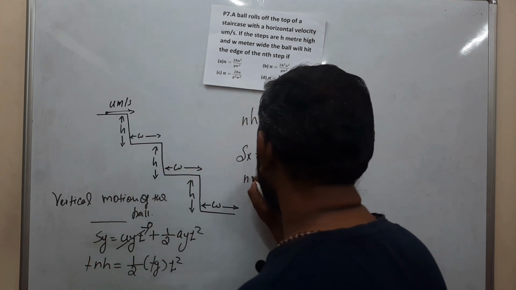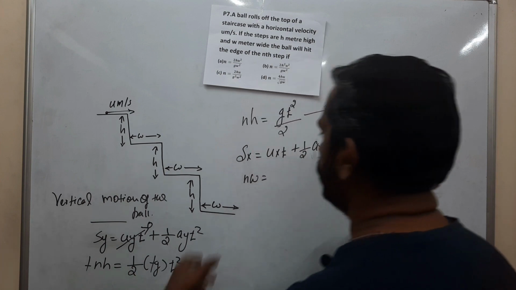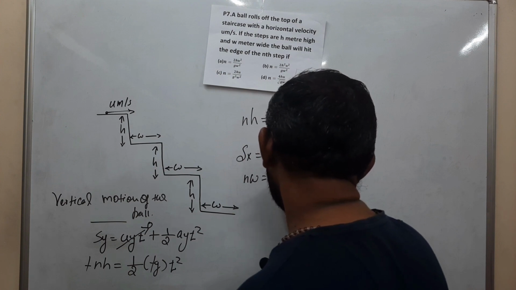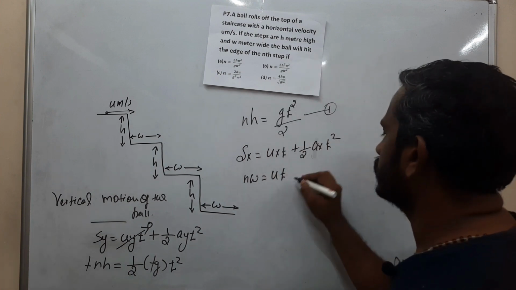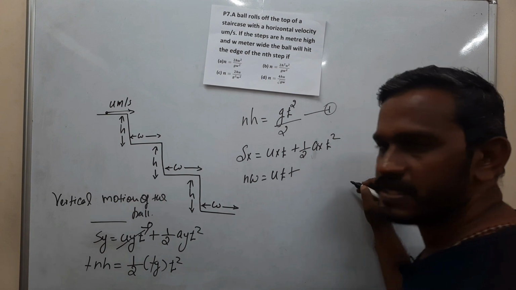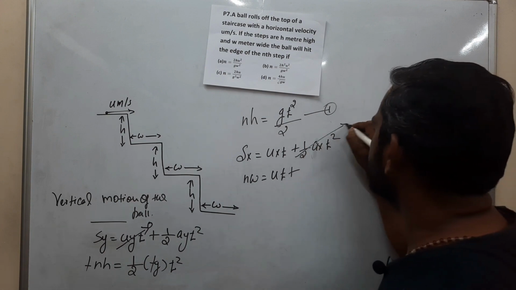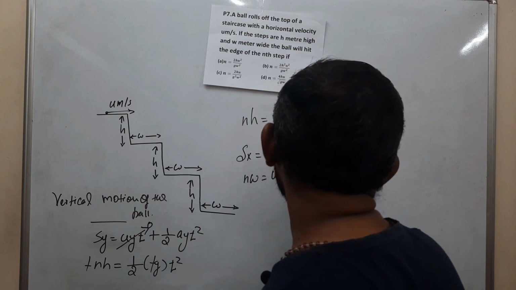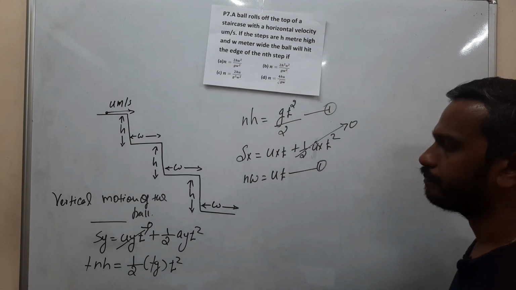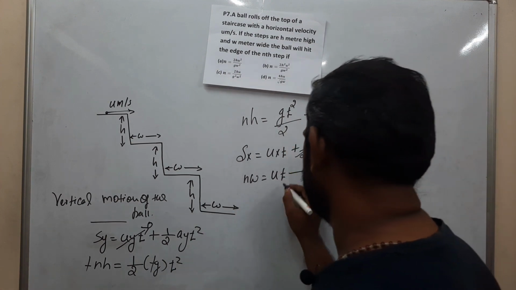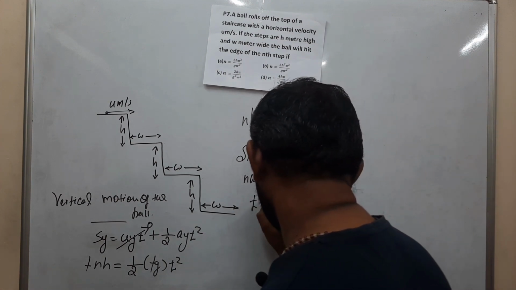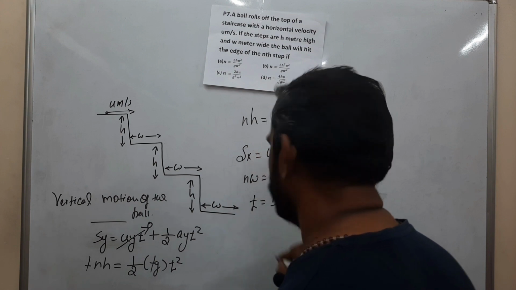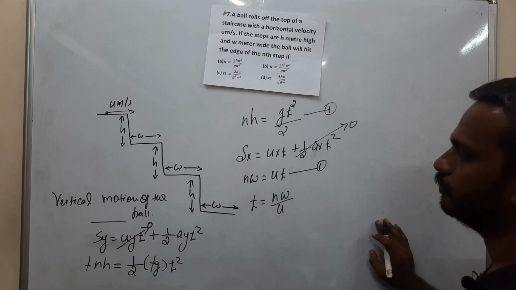So nw is equal to ux, that is constant, that is u, t, plus half ax, the acceleration in the horizontal direction, that is 0. So this term becomes 0. Therefore nw is equal to ut. From this I am finding t is equal to nw divided by u.